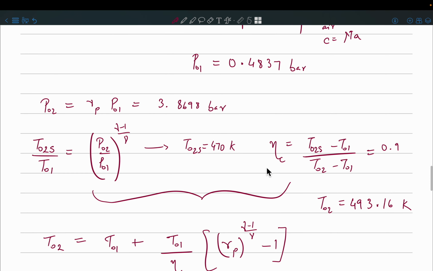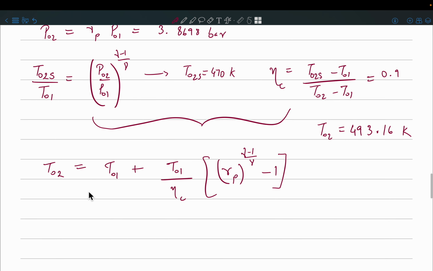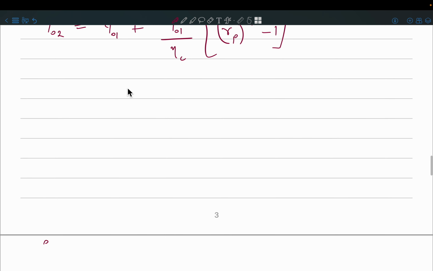So what is P03? So you have P03 is 0.96 times of P02, and we found P02 already above, right? So what is P03? Can you just quickly calculate and tell me the value of P03?